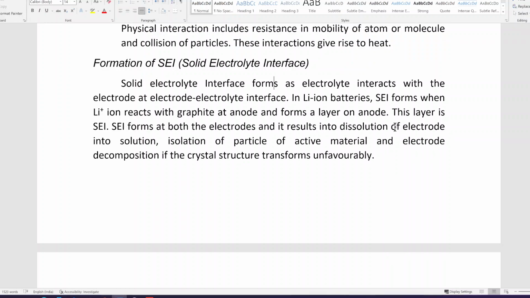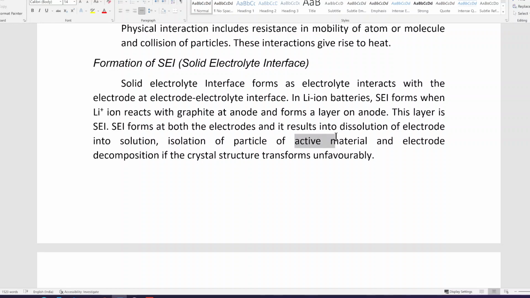The solid electrolyte interface, or SEI, forms as the electrolyte interacts with the electrode at the electrode-electrolyte interface. In lithium ion batteries, this SEI forms when lithium ion reacts with the graphite at the anode and forms a layer. This layer is essentially SEI. It forms on both the electrodes and it results in dissolution of electrode into solution.